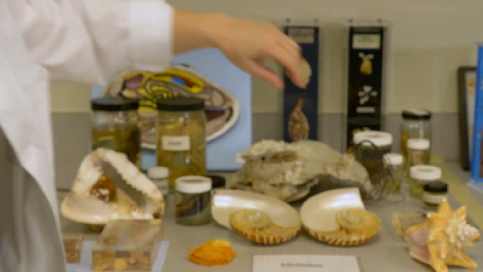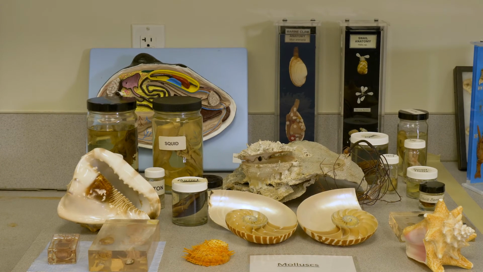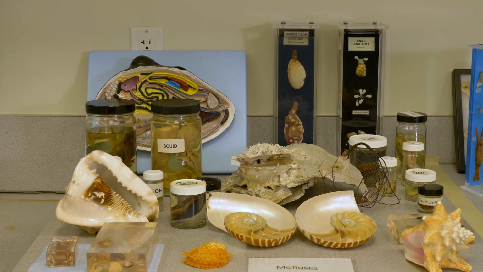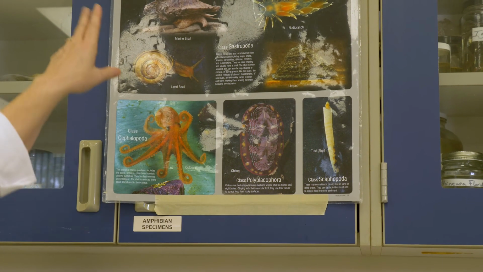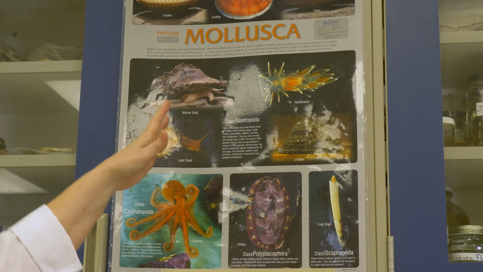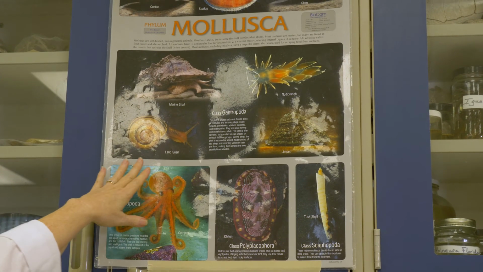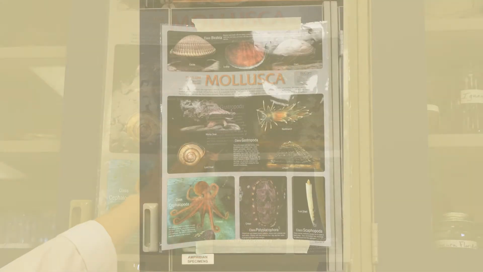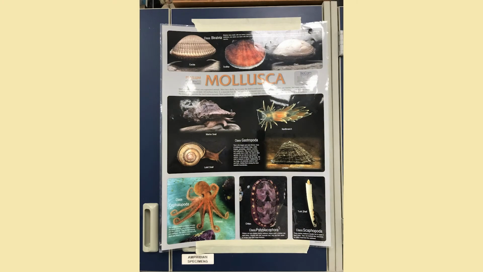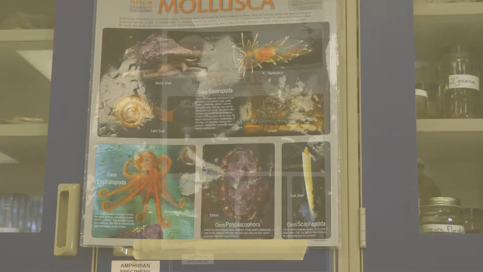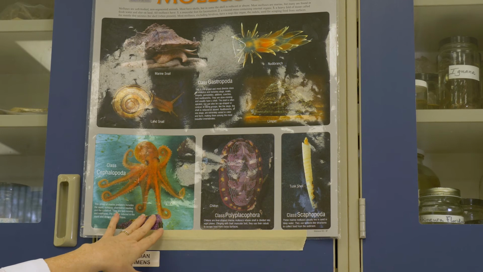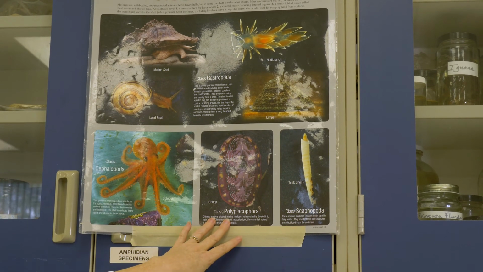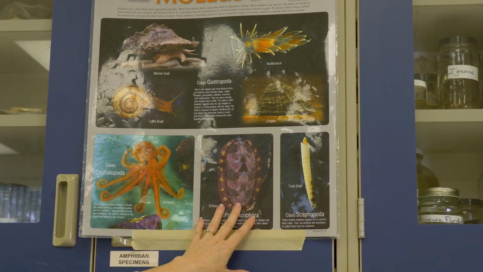So again, the classes that we're looking at are your class Bivalvia, basically your scallops and clams and mussels, and your marine snails in the class Gastropoda, your nudibranch, your land snail, your limpets, your marine and terrestrial snails, and then your class Cephalopoda, which everyone is mostly fascinated with, that's your octopi, and your class Polyplacophora.